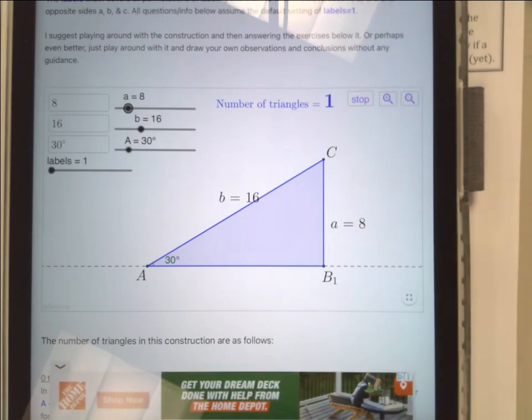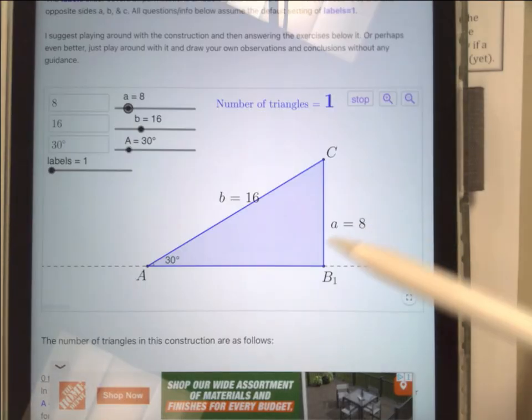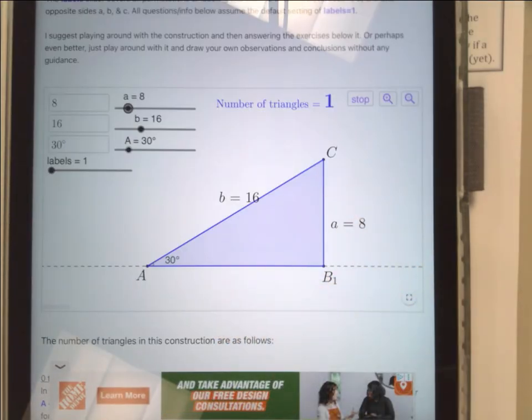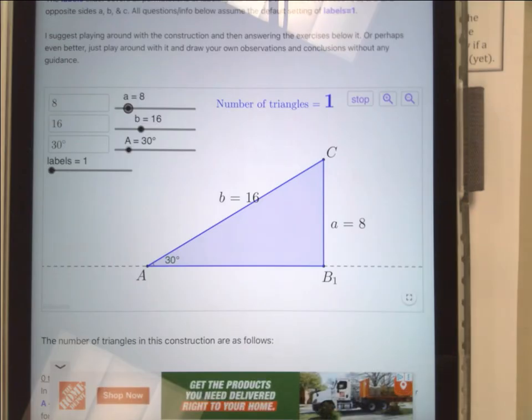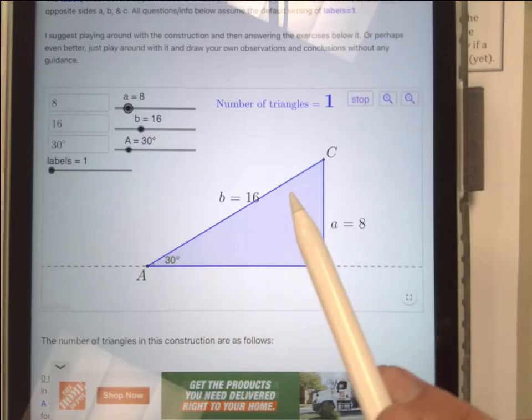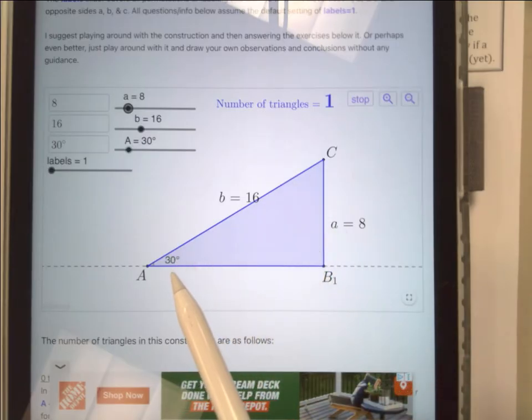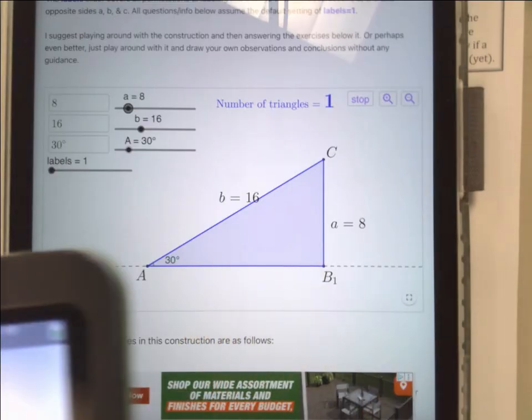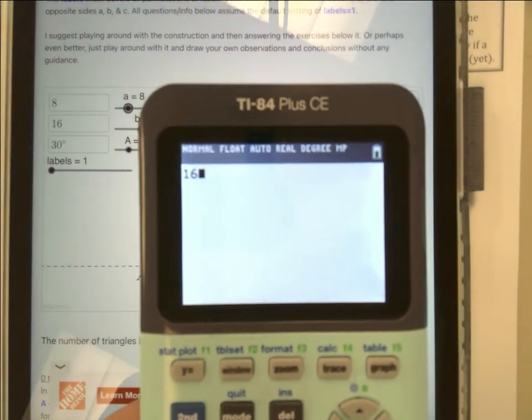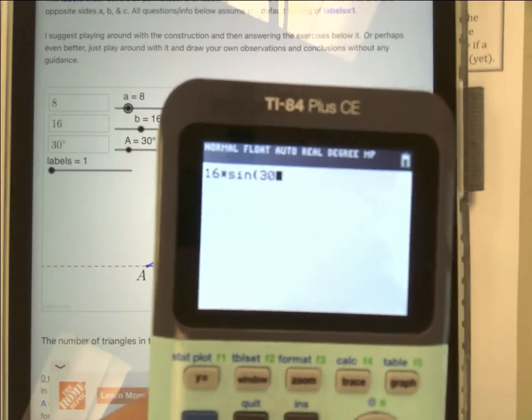If you have your calculators on you, let's calculate the height of this triangle. Do you remember a shortcut for height of a triangle? Slant times sine of the angle adjacent to it. So try that. 16 times sine of 30.